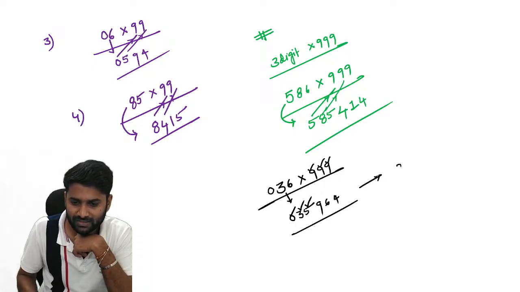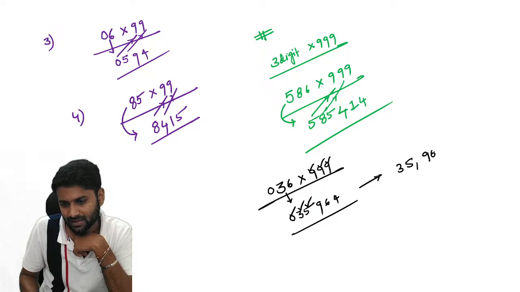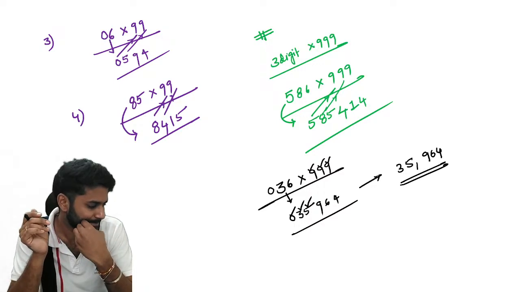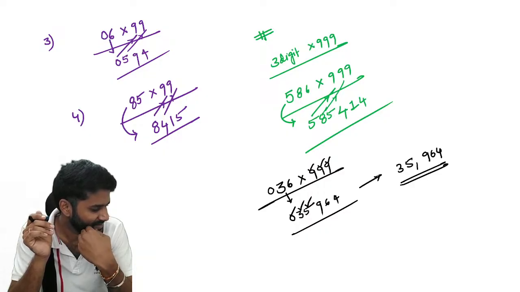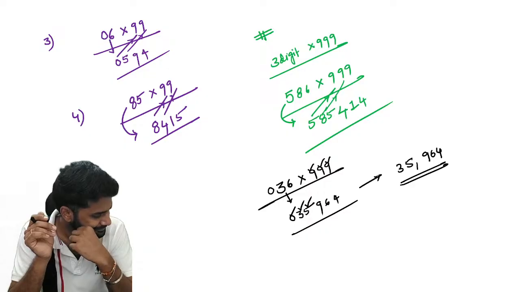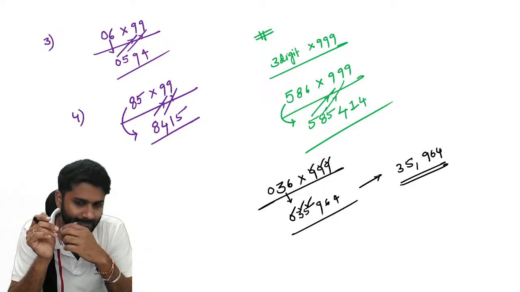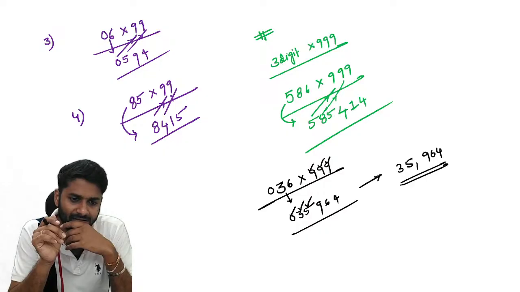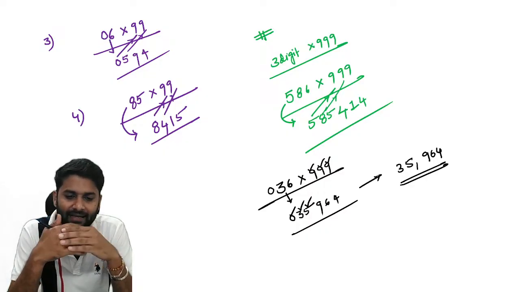So here the resultant is 35,964. Is it clear? 9, 99 and triple nine.